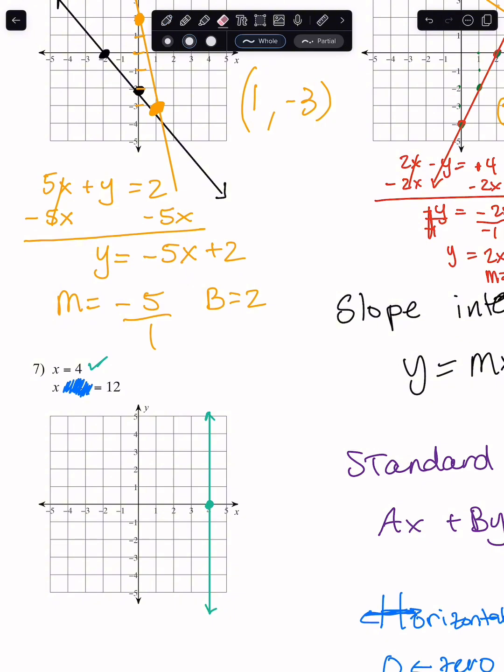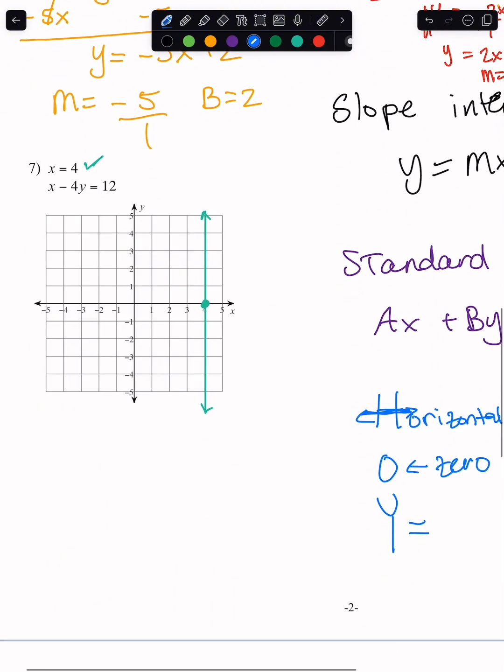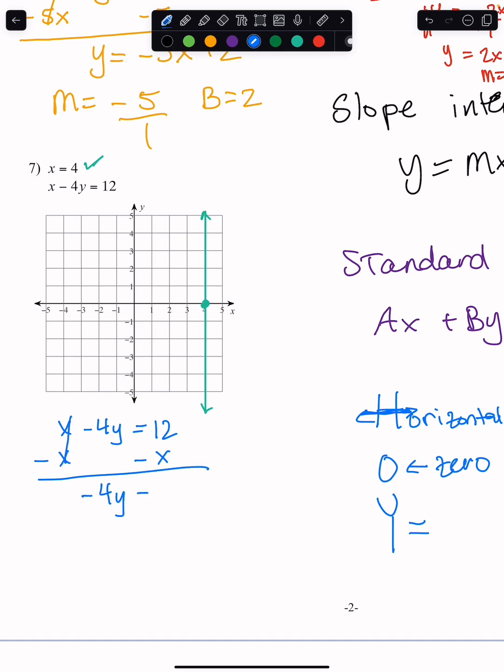And of course, I'm trying to get to y equals mx plus b. So I'm going to subtract x from both sides. Negative 4y equals negative x plus 12. I'm going to divide everything by negative 4. y equals negative divided by negative is a positive. There's a 1 there, so this is positive 1 fourth x.